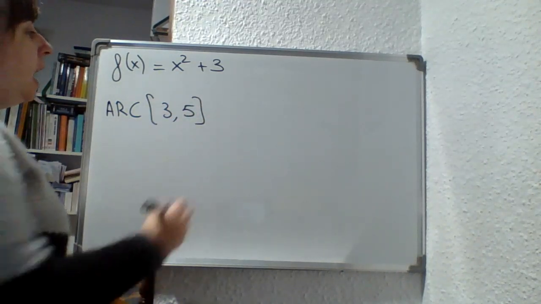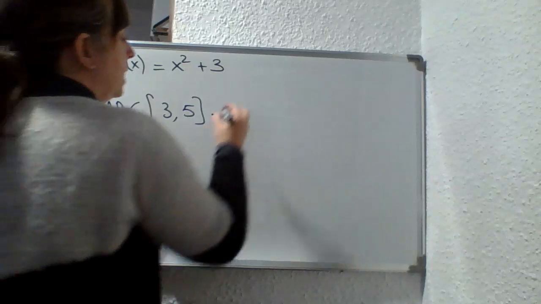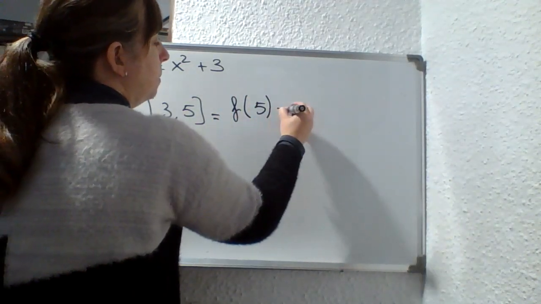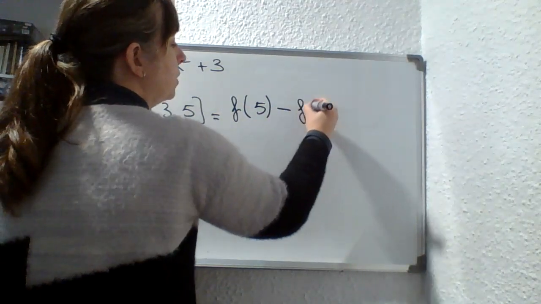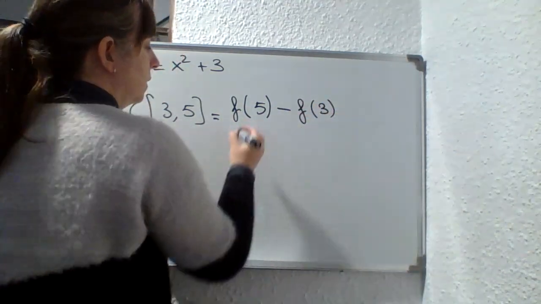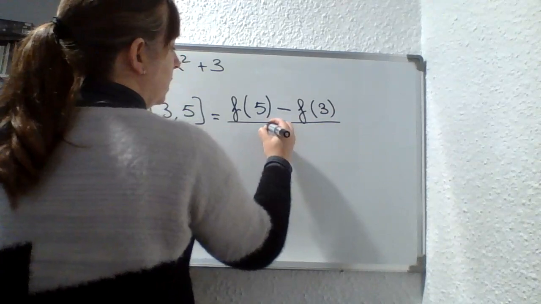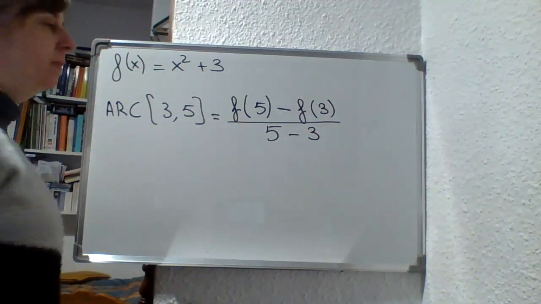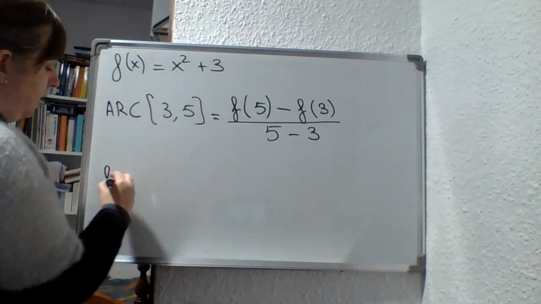Okay? According to that, this is the value of the function in the final point minus the value of the function in the initial point divided by final point minus initial point. Let's calculate the value of the function.